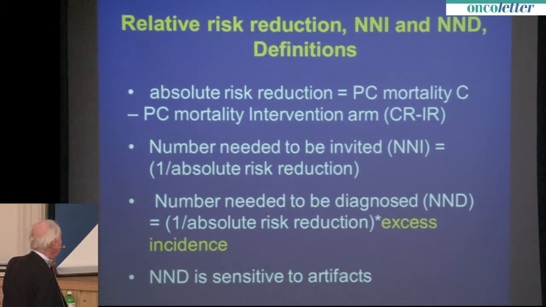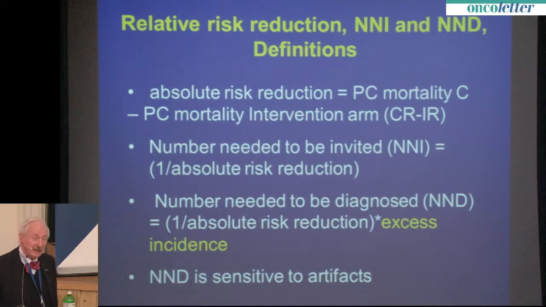Let me just explain this a little bit. The absolute risk reduction is calculated as the difference in prostate cancer mortality in the screening arm and the control arm. And obviously, mortality in the control arm may be influenced by various factors.